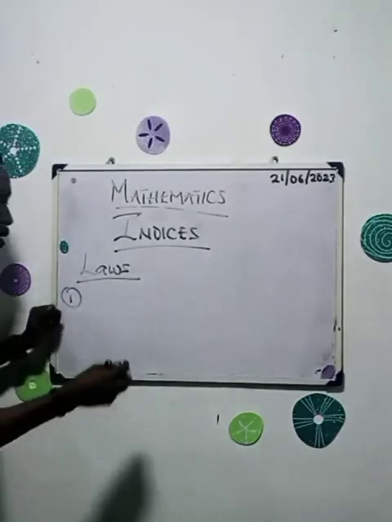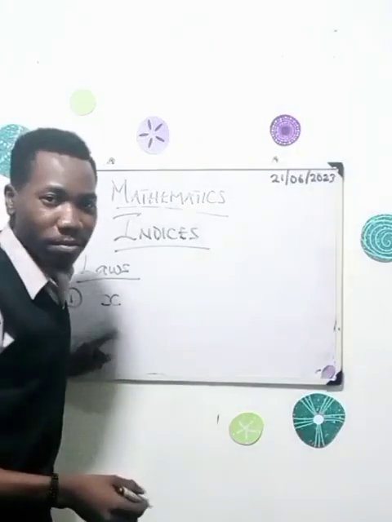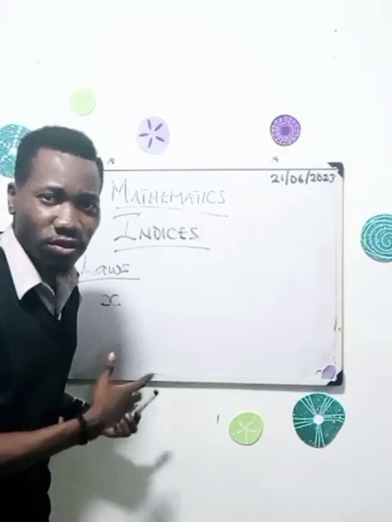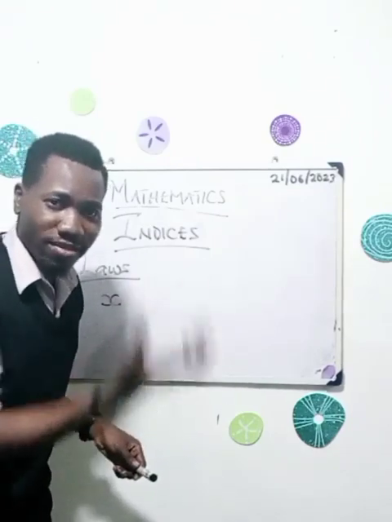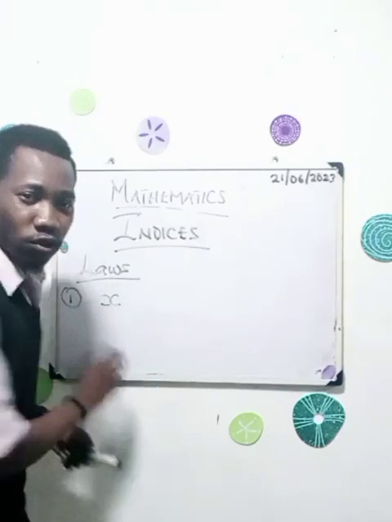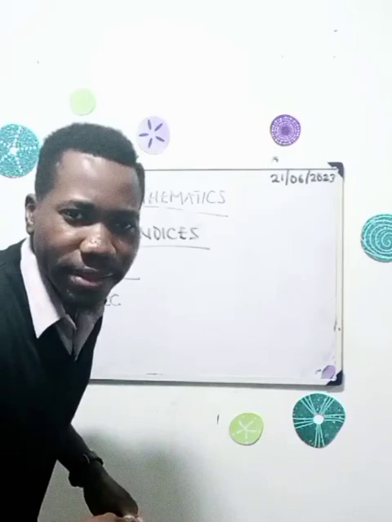So the first one says, if you have any number, by the way, we've done algebra, so when you see letters, you understand that we're talking about numbers. These are variables that represent certain values which we are calculating for. So in this case, let's just call it x. If you multiply the same base, you add.